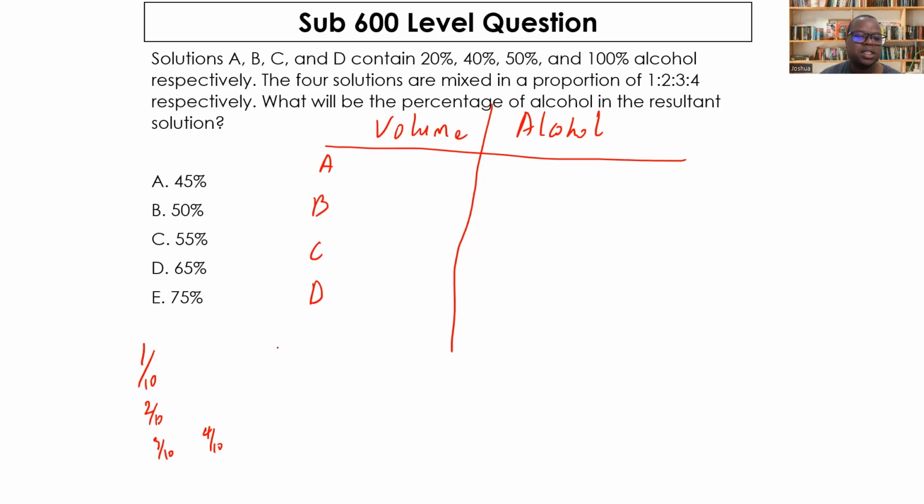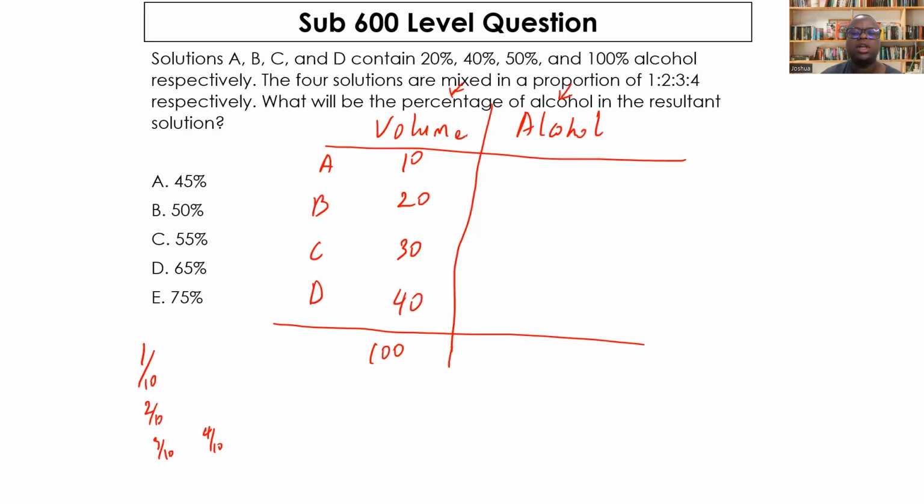So let's say the total volume comes to 100. We need to know what volume of this mixture is going to be alcohol, so we can get the percentage of alcohol. If it adds to 100, a tenth of 100 is 10 for A, B is going to be 20, C is going to be 30, and D is going to be 40.